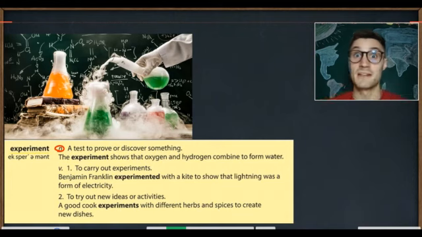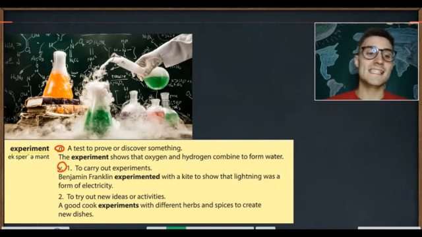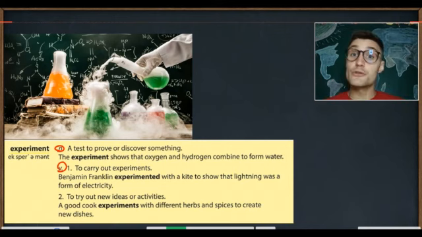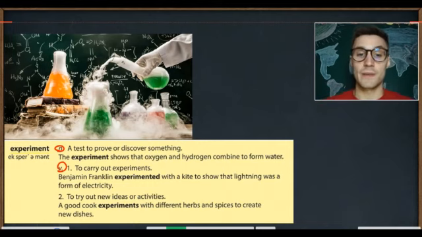An experiment. I'm too dense to perform experiments like this. The verb experiment is to carry out experiments, is to do it. Benjamin Franklin experimented with a kite to show that lightning was a form of electricity.